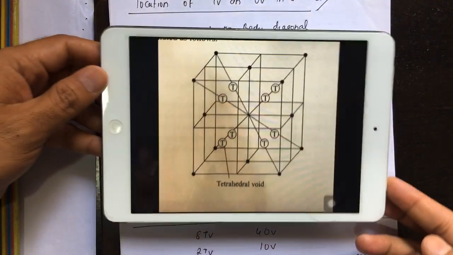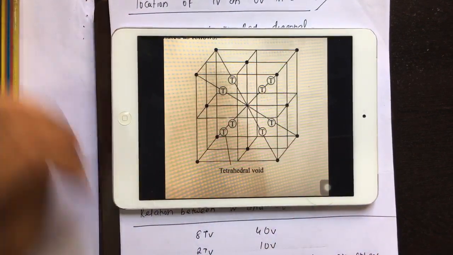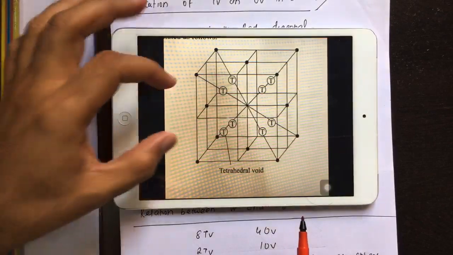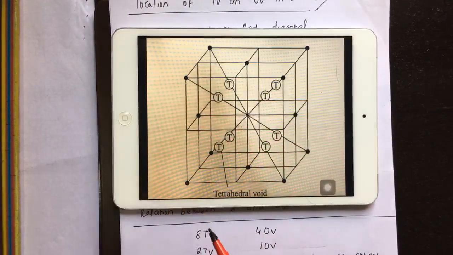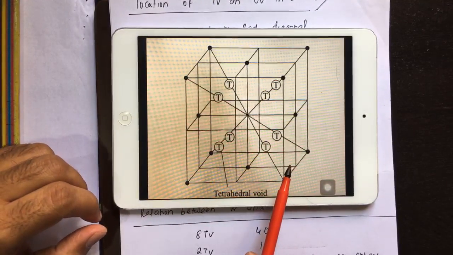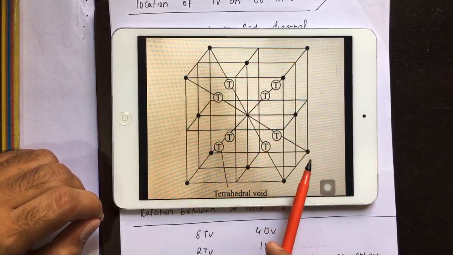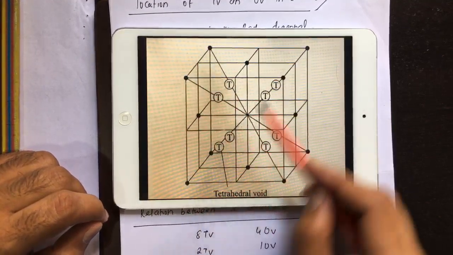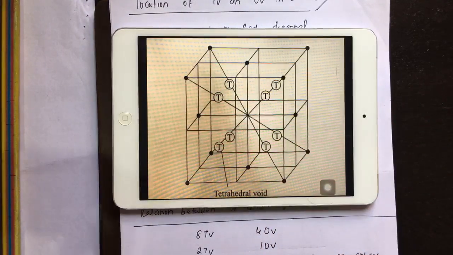And you can see this arrangement which I am showing to you. This is the arrangement of the lattice. Now if you check here, there are 4 body diagonals. This one you can see, this is 1 T. Wherever T is written, circled T, they are nothing but the tetrahedral void. This is 1 T, this is another T, this is another T. Actually this is overlapping, because it's 3-dimensional, you can see like this.